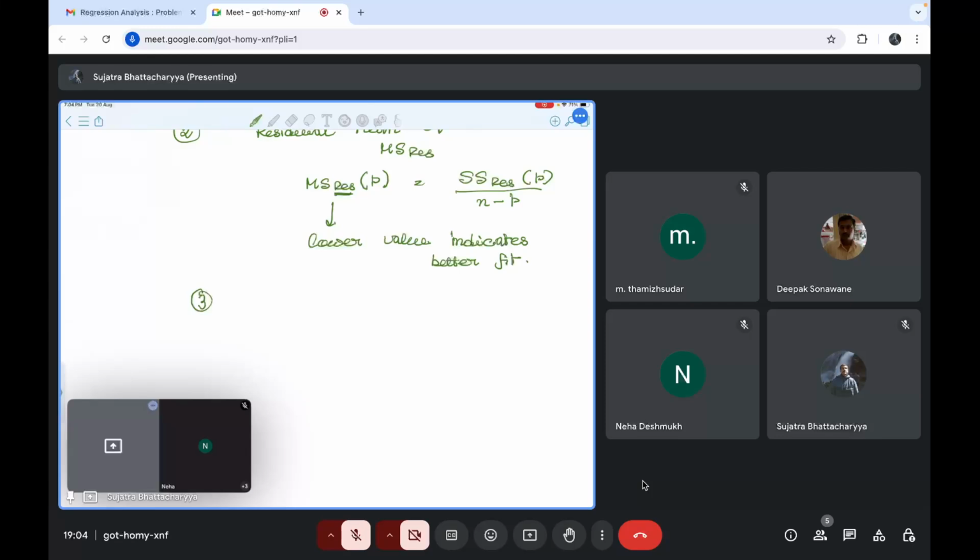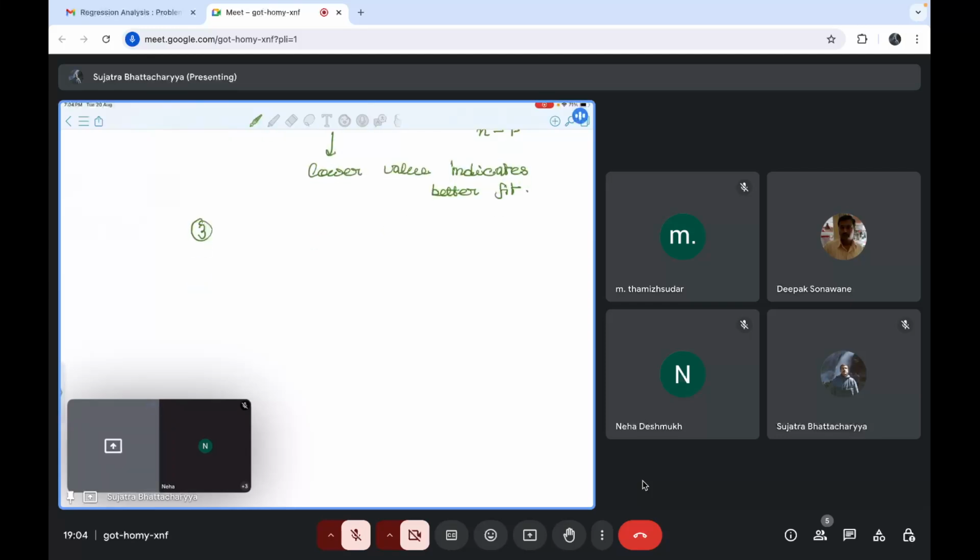Third is your adjusted RP square. This is another quantity, adjusted RP square. We call this RP square bar. This is generally defined as RP square bar is 1 minus MS residual of P divided by MST, mean square total.